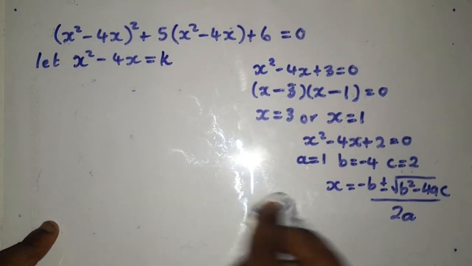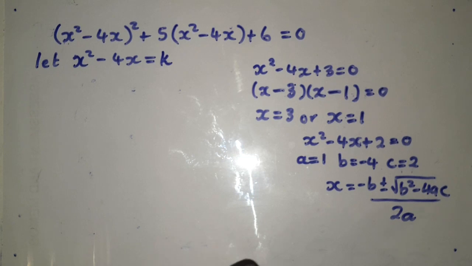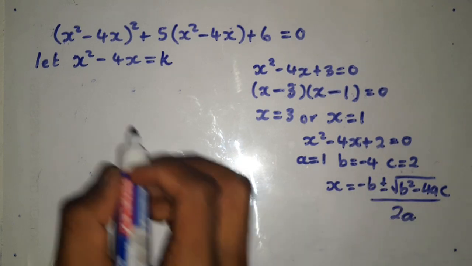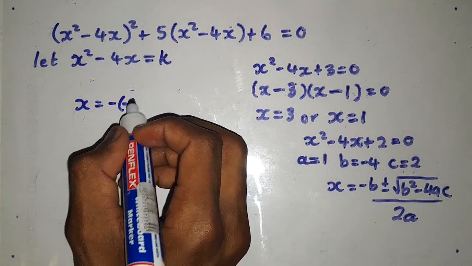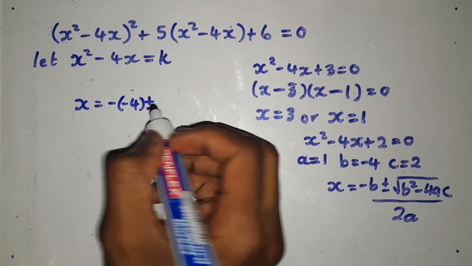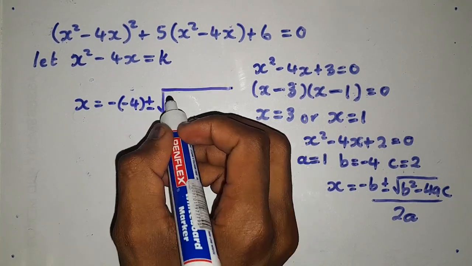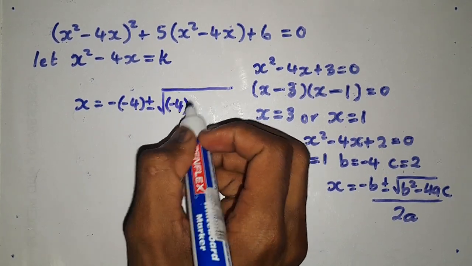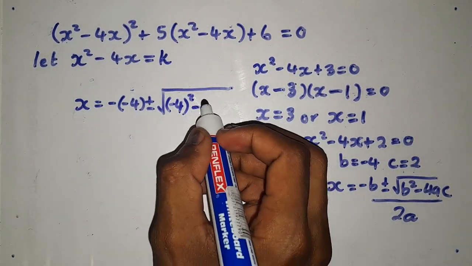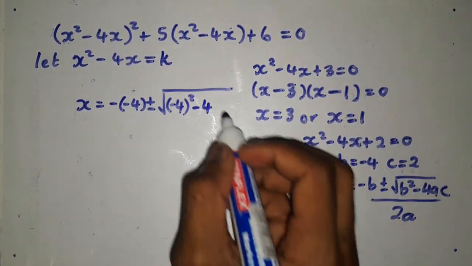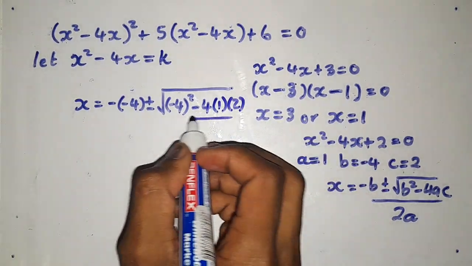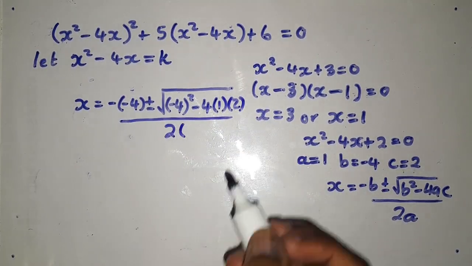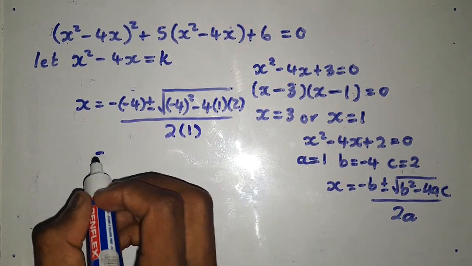Where we see b, we are going to substitute minus 4. We have minus minus 4 plus or minus the square root of, don't forget to square, minus 4 squared, minus 4, our a value is 1, our c value is 2. Then we divide everything by 2a, which is 1.